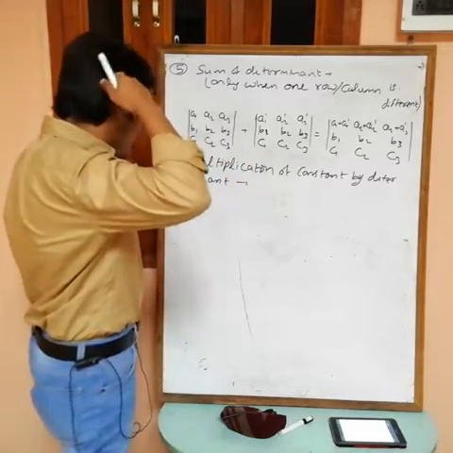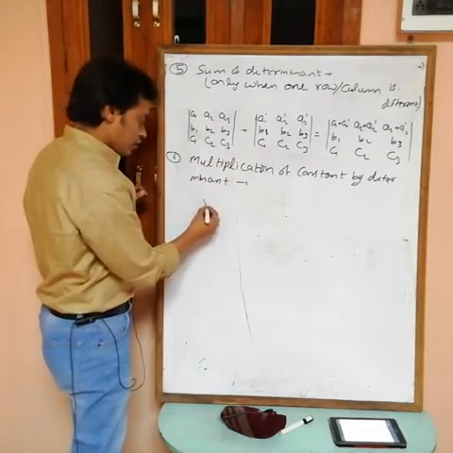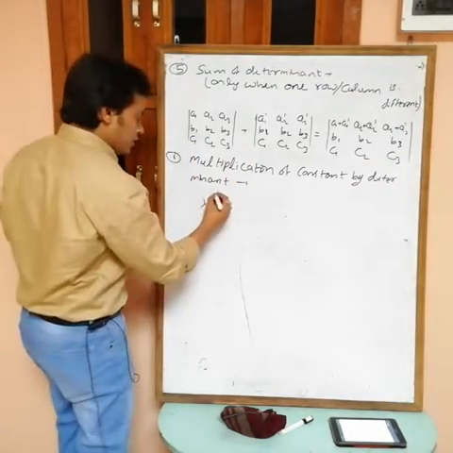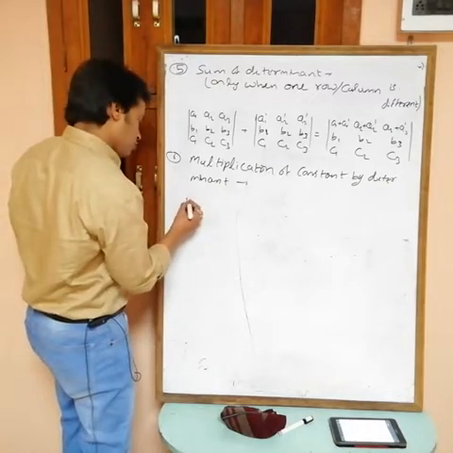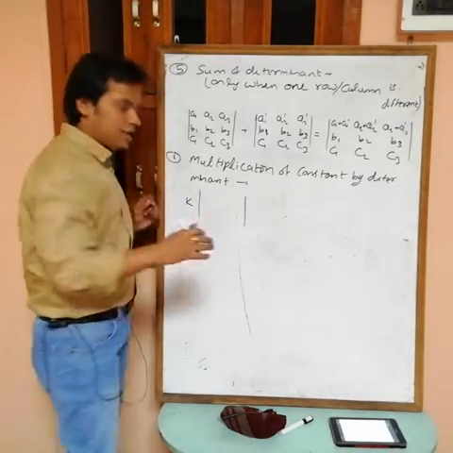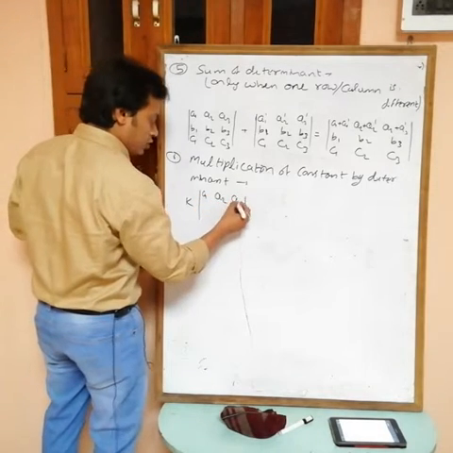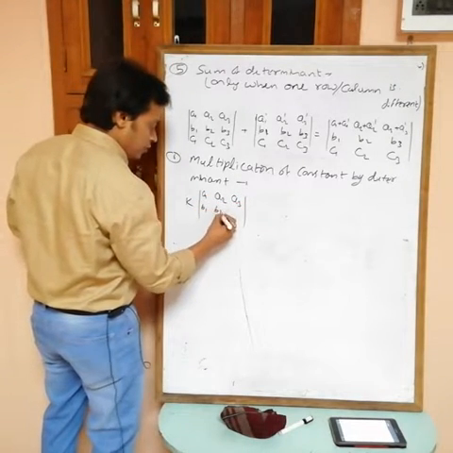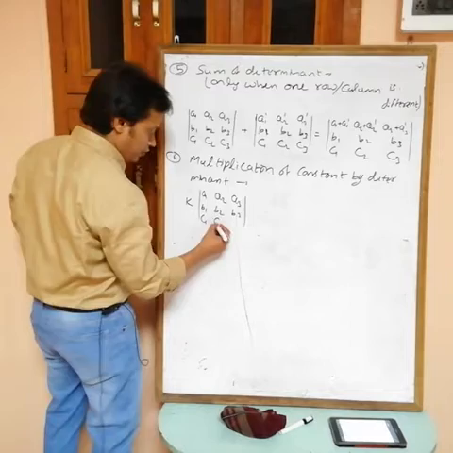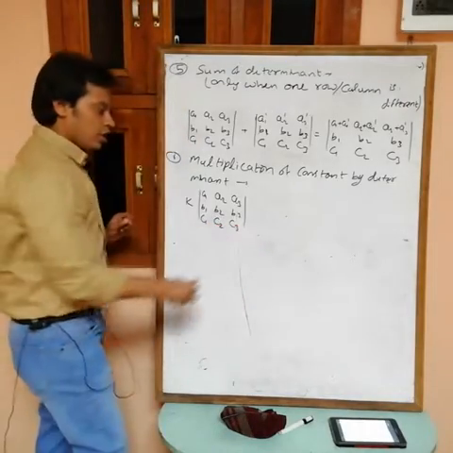Okay, now suppose we have a constant lambda, I am taking k, and you want to multiply this k with a determinant a1, a2, a3, b1, b2, b3, c1, c2, c3. Okay, now how to multiply?